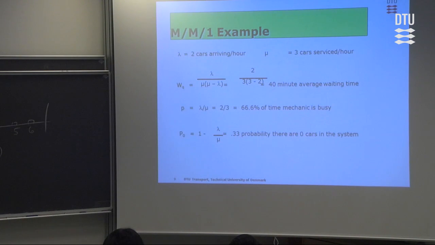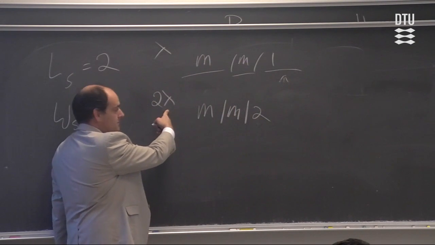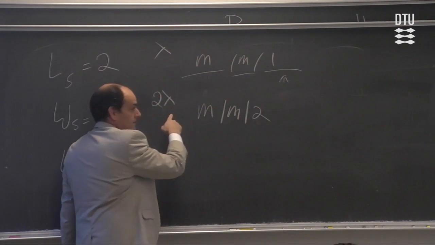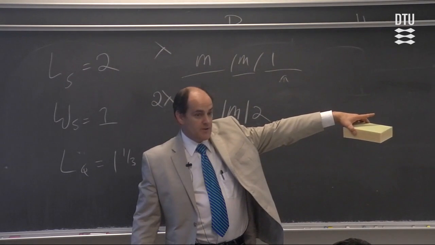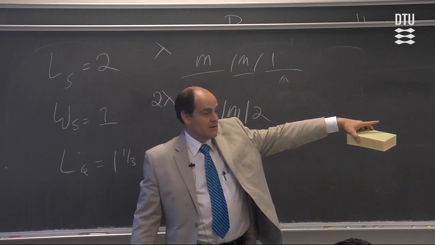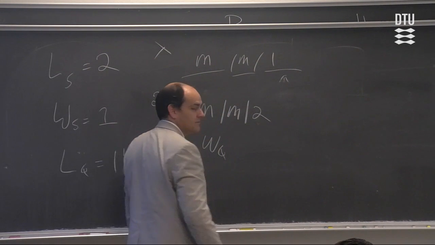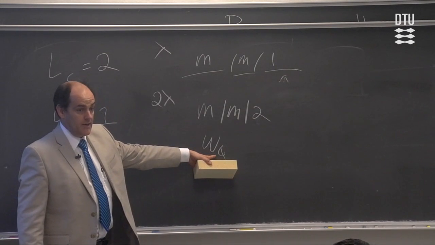But the point is, twice as many customers, twice as many demands, double the service. So the ratio between service and demand is the same. That initial utilization number, lambda over mu, is the same. But this is not the same. This changes dramatically. It gets smaller.